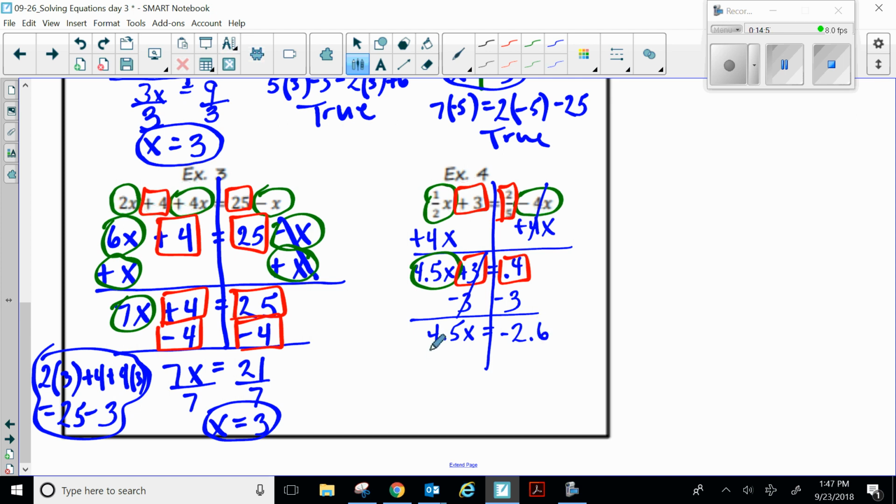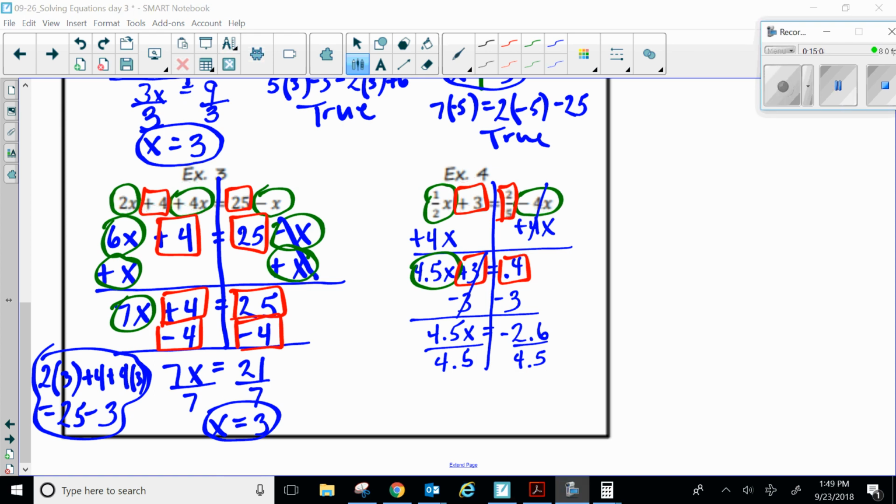And my last step is to divide by my coefficient. So I'm going to divide both sides by 4.5. Okay, and my answer is approximately 0.57 repeating. So x equals negative 0.57 repeating.